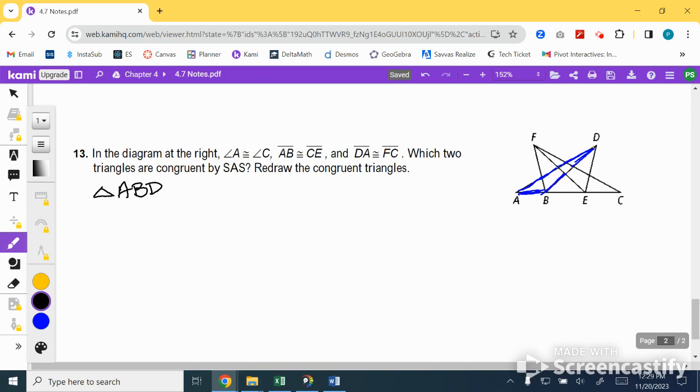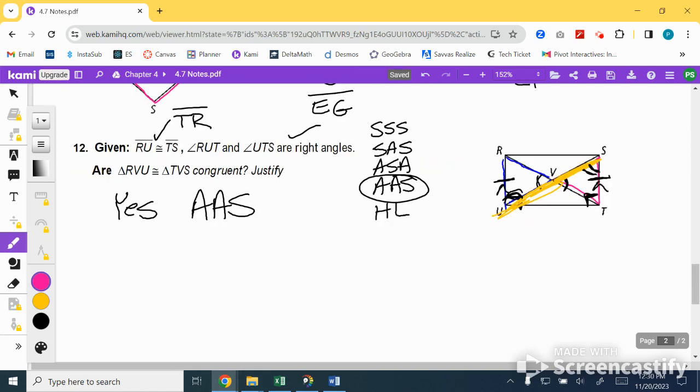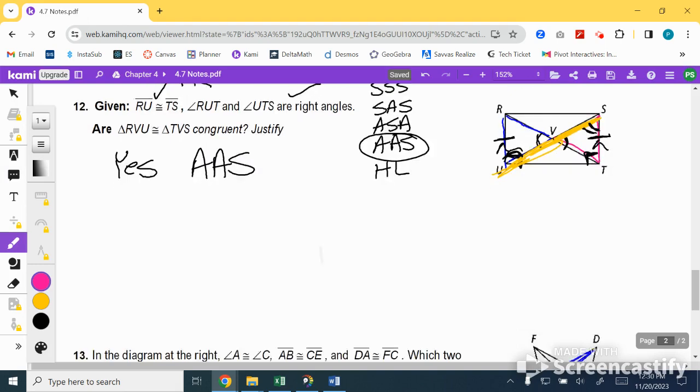Okay, now I'm going to find my other one. We start over here at C. And then C goes to CE. So we got that one. And then we have FC. Sorry, it keeps doing that on me.